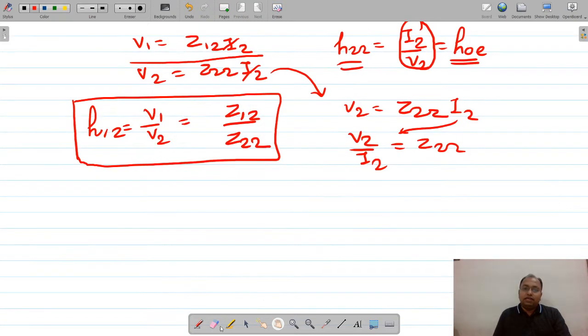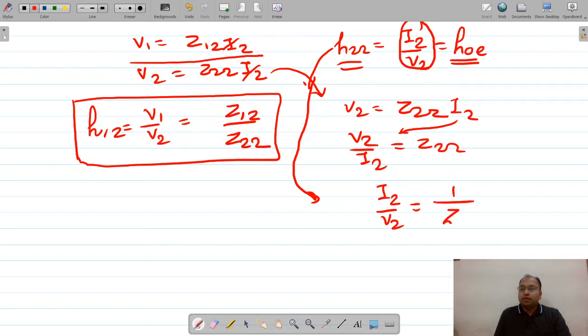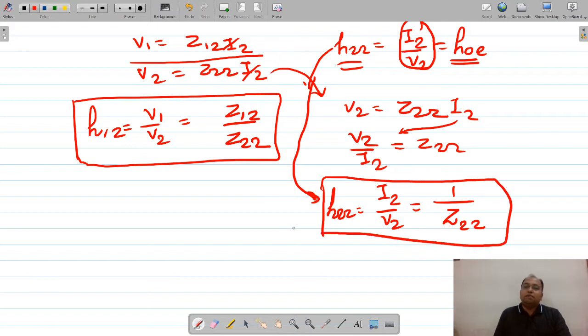Now let us invert it, so therefore I2 divided by V2 is equal to 1 divided by Z22, and this is nothing but my H22. That's it, and we have derived the H parameters in terms of Z parameters. This is so simple.